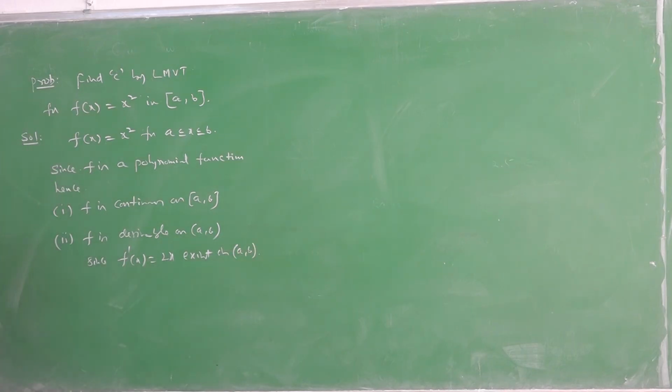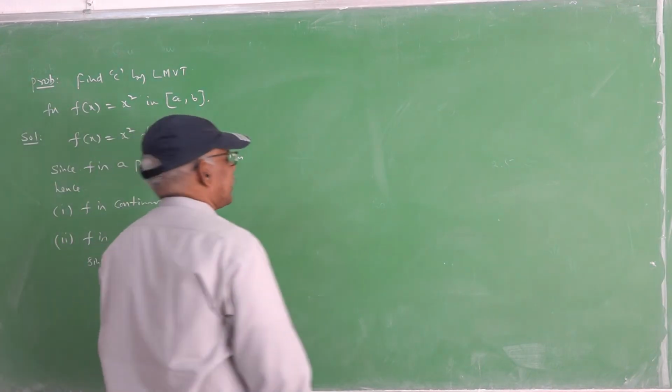f is continuous on the closed interval a, b and f is derivable on the open interval a, b, since f dash x equal to 2x takes a finite value whenever x lies between a and b. Both the conditions of Lagrange's mean value theorem are valid in the case of x square.